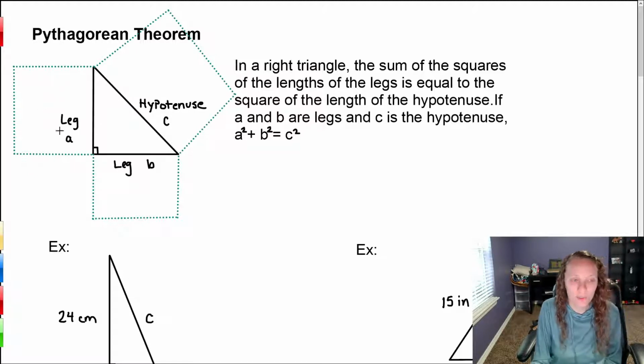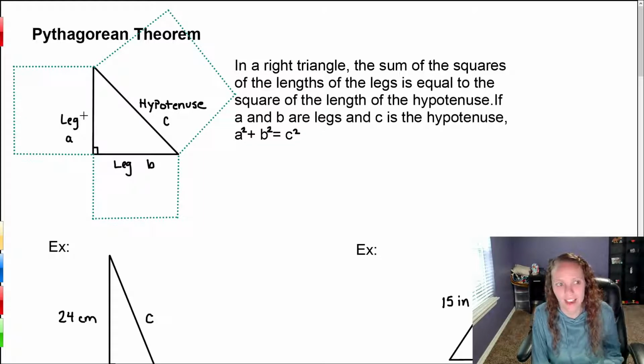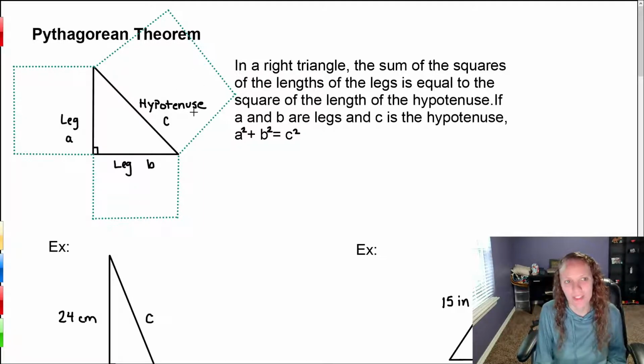So A squared, the square that branches off from the side length A, plus B squared has to equal C squared.